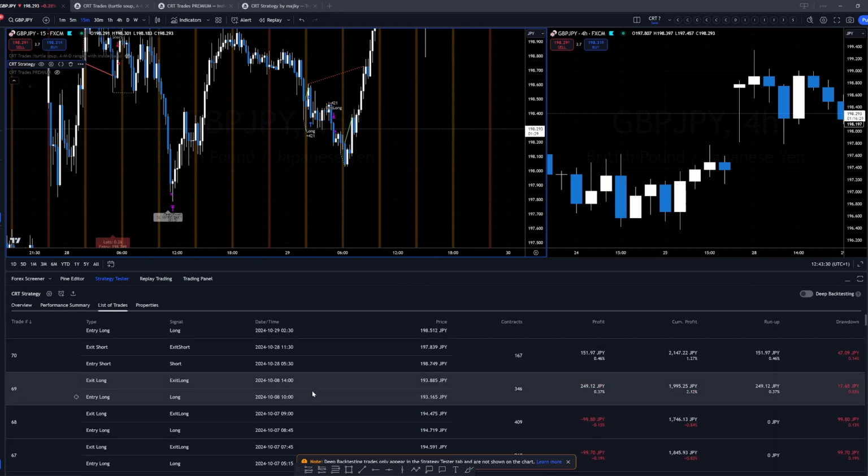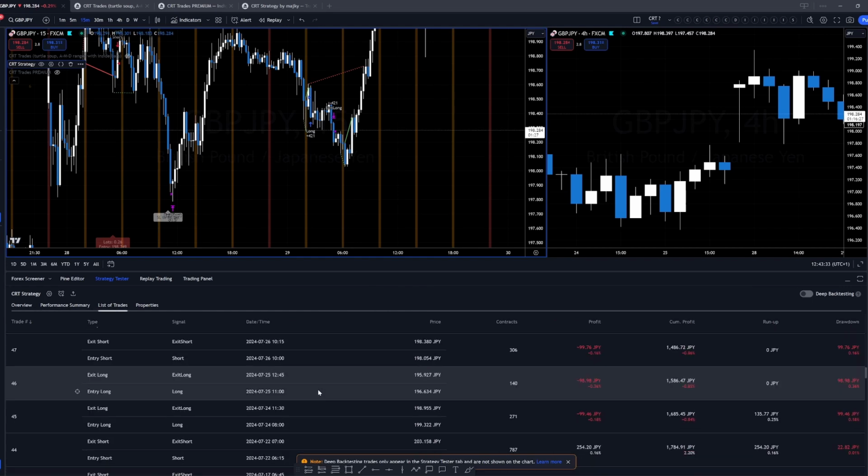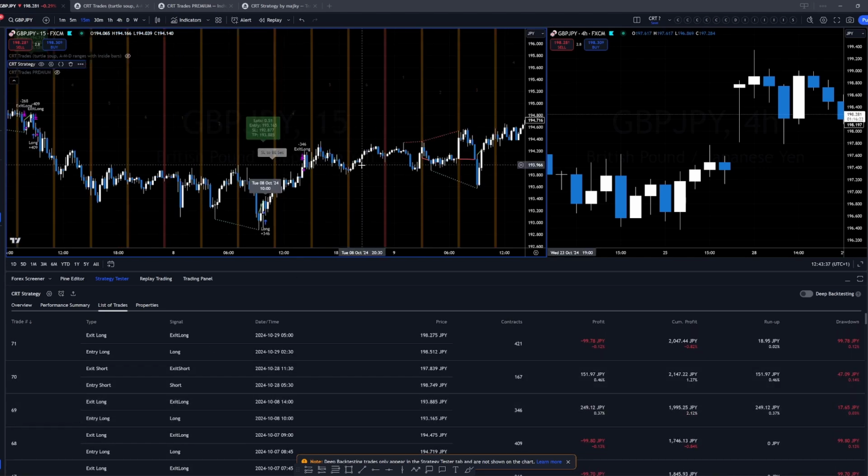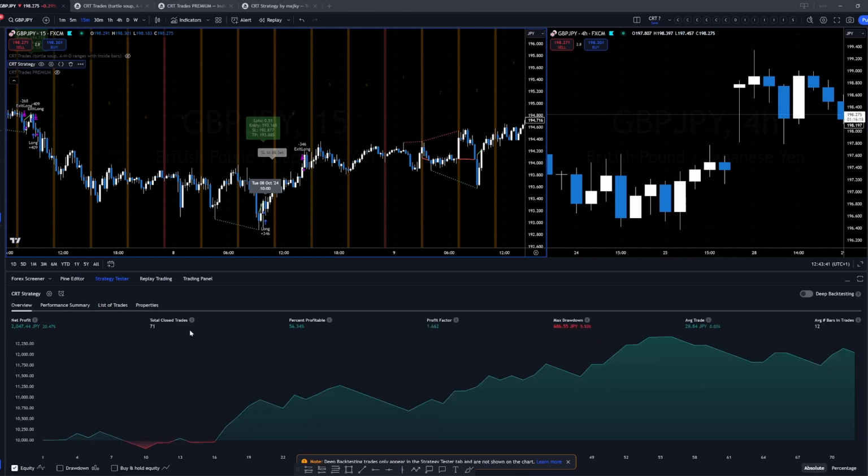You can see every trade here. You can also jump to every trade and look at how it happened. So we have this overview where you have profit factor, percent profitable, total closed trades, the net profit, and so on. So yeah, you have backtesting results.